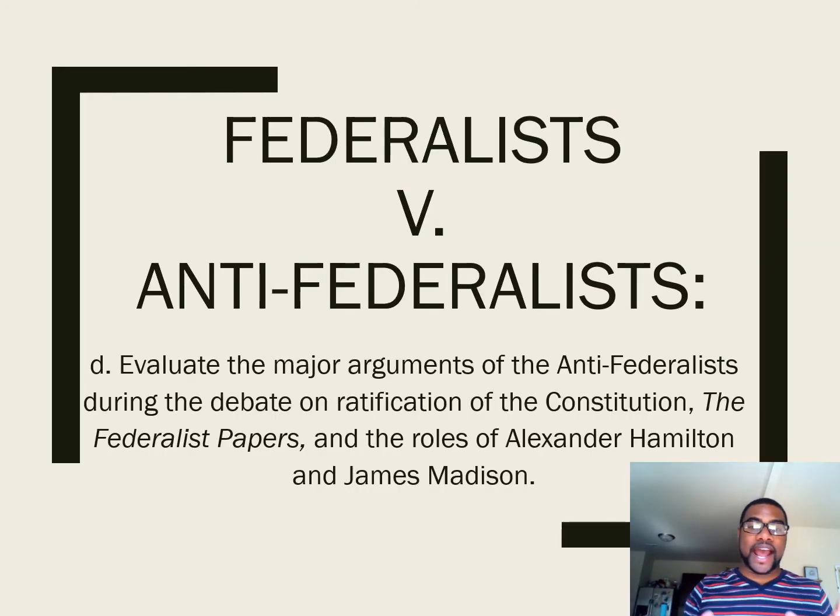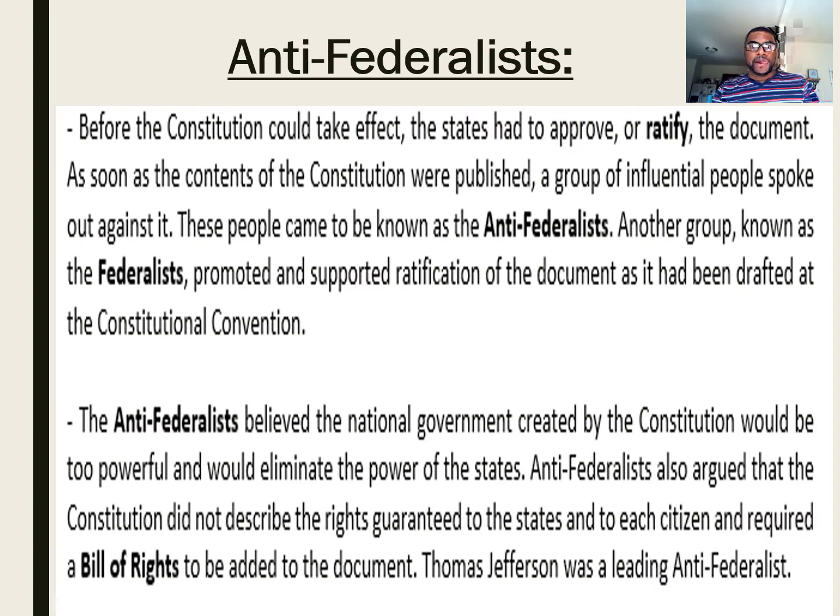All right, now we have the Federalists versus the Anti-Federalists. This is part D of our Standard 5, which is to evaluate the major arguments of the Anti-Federalists during the debate on ratification of the Constitution, the Federalist Papers, and the roles of Alexander Hamilton and James Madison.